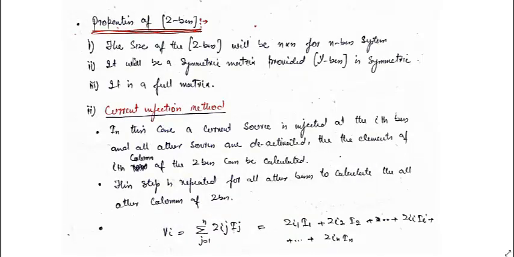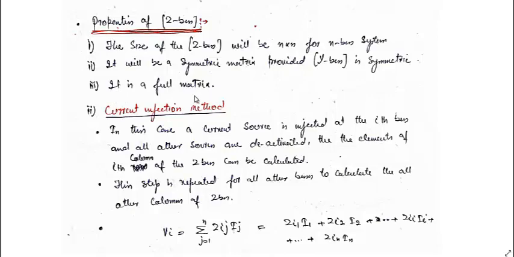Now, what are the properties of the Zbus? First, the size of the Zbus will be the same as that of the Ybus. That will be n cross n for an n bus system. It will again be a symmetric matrix provided Ybus is symmetric, and we know that Ybus is symmetric when there is no tap changing transformer. If there is a tap changing transformer, then Ybus will not be symmetric, and hence Zbus will also not be symmetric.